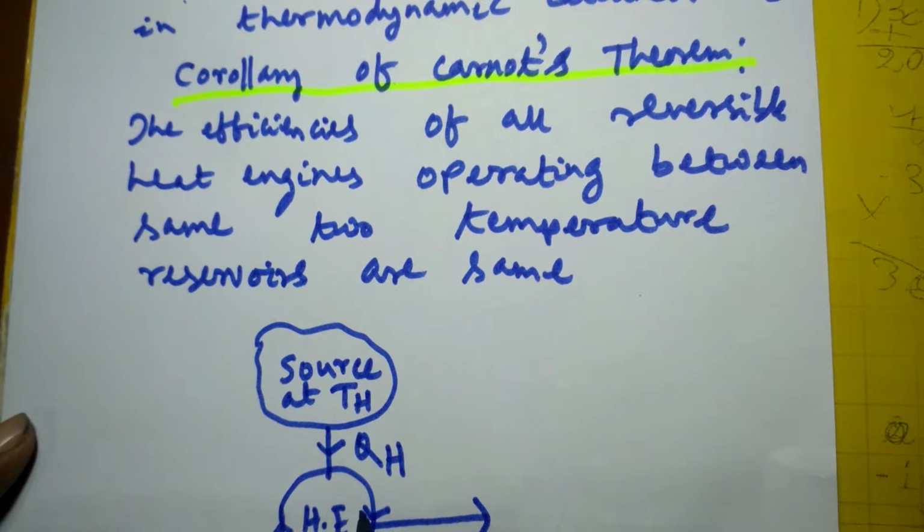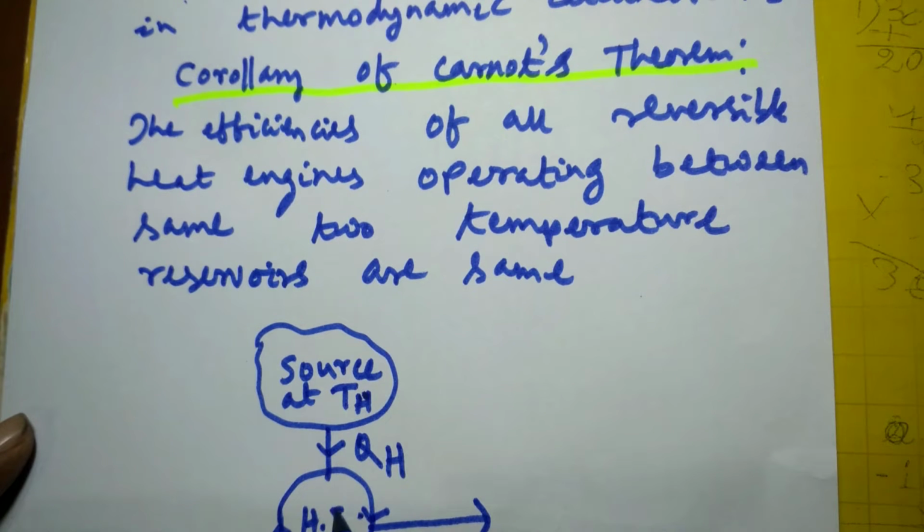The efficiency of any reversible heat engine only depends upon the temperatures of both source and sink and on nothing else. It does not depend upon the amount or nature of the working substance undergoing the cycle, nor even on the manner in which all the processes within the cycle are executed.